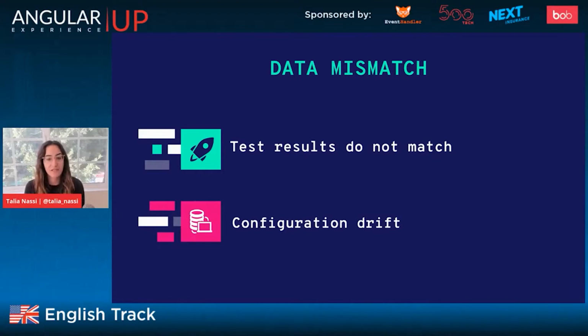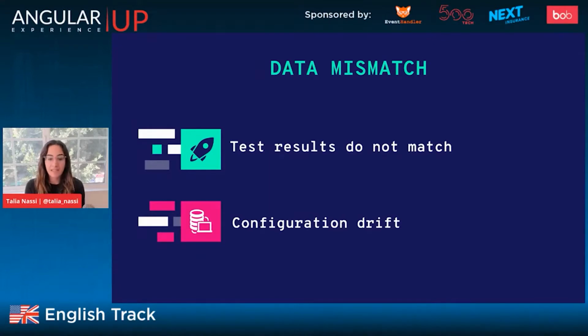The other issue is configuration drift. Let's say you get paged one night because there's an incident for your application, and you look at the logs and you identify the problem. But in order to fix it, you have to update a specific configuration in production. So you make the change in production and then you go back to sleep because it's the middle of the night. But even though you fixed the issue, you've just created an even bigger divide between your staging and production environments because you didn't make the same change in your staging environment.